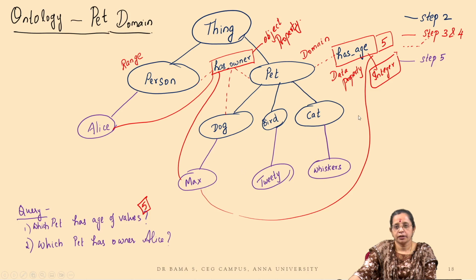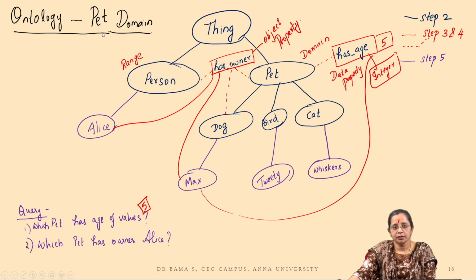So, we have mentioned in step 5 the instances, and we can also give the assertion in step 5 with respect to instance. Here we will give just one assertion for Max. Max has age 5. The value is 5 that is given, and this 5 obeys the integer value that we give in step 3 and step 4, where we are having the data property.